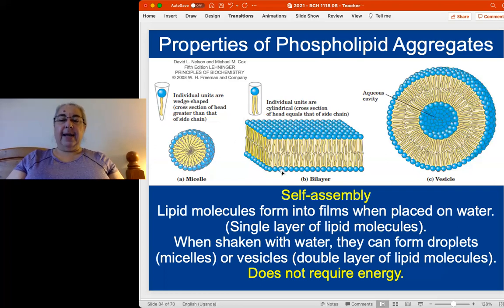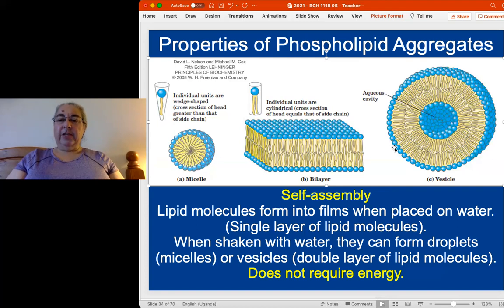So this bilayer is exactly what we need for a cell membrane. The formation of a correct phospholipid bilayer structure for a cell membrane depends on the shape of the phospholipid molecules that make it up.